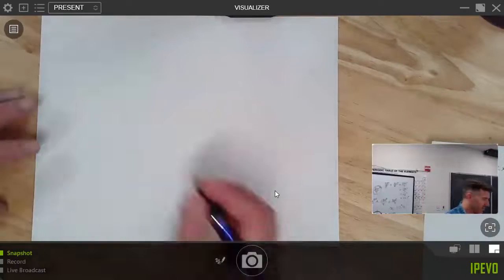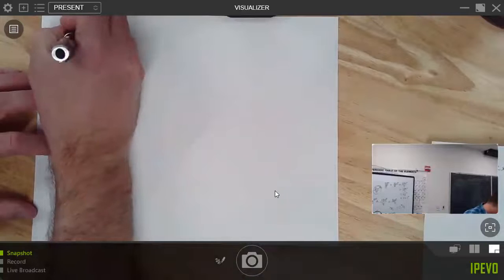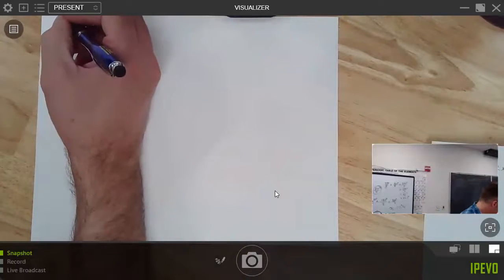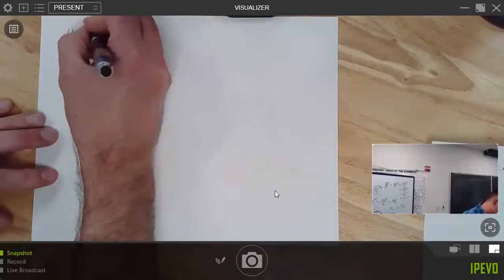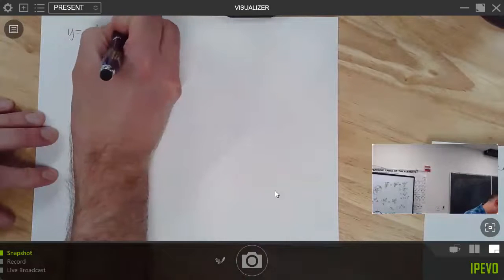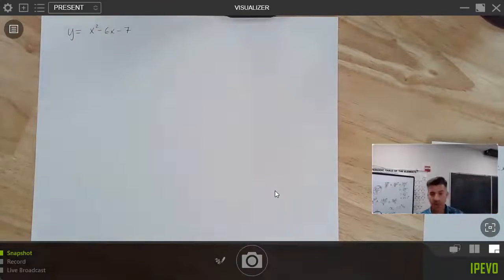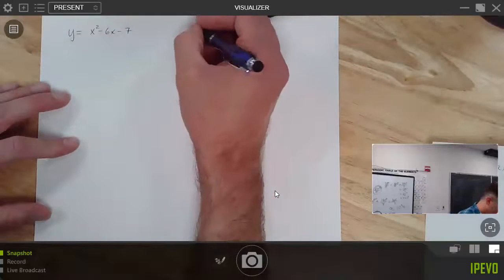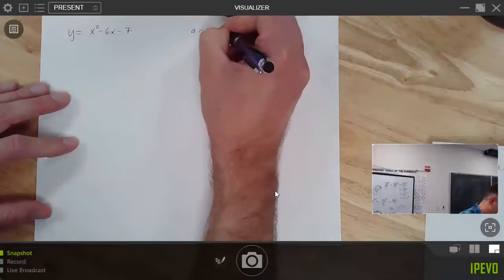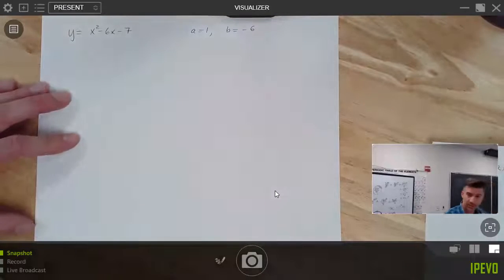So if I did that previous example, y equal to x squared minus 6x minus 7, the negative b over 2a really comes from completing the square. If we did this one with completing the square, we're going to see a negative b over 2a. Remember that our a is 1 and our b is negative 6.